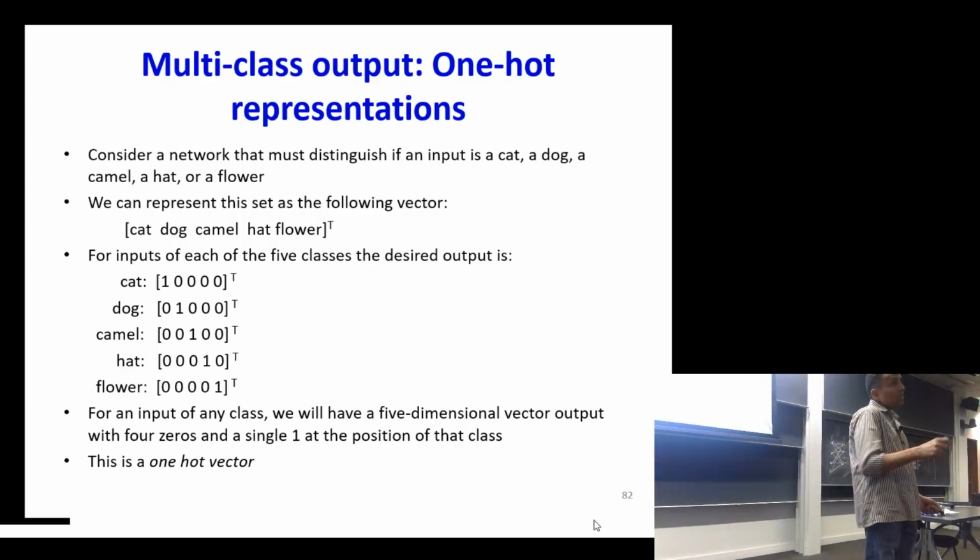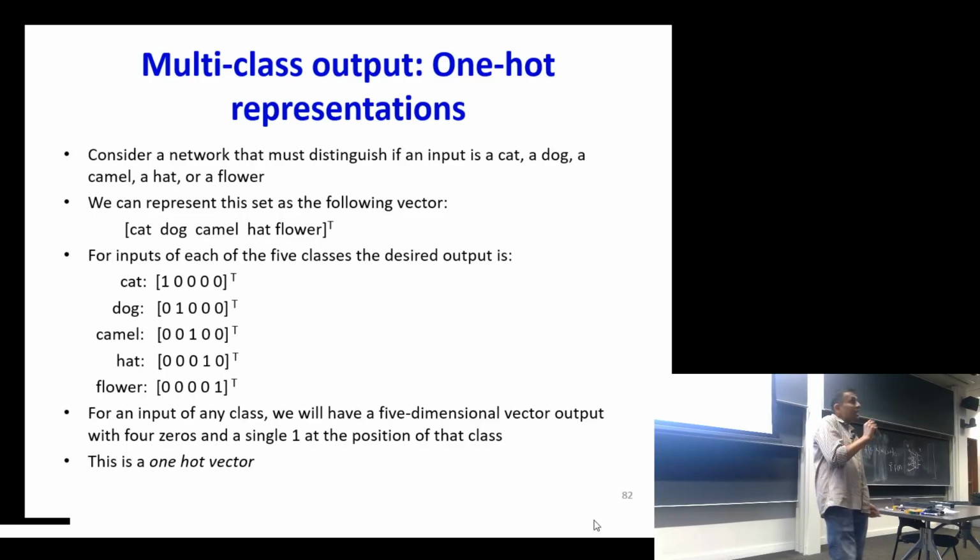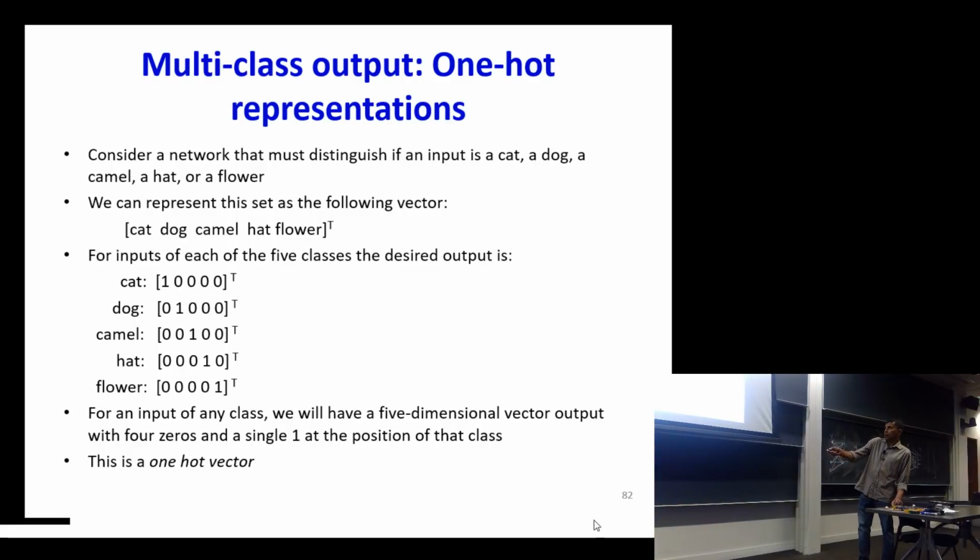Why is it one-hot? There's going to be a single entry which has the value 1, and all the other values are going to be 0. So here, this one-hot vector has 1 in the first component and 0 everywhere else, which means I'm assigning a 1 to cat and 0 to the others. This means I'm representing the class cat. This one has a 1 in the second component, and everything else is 0.